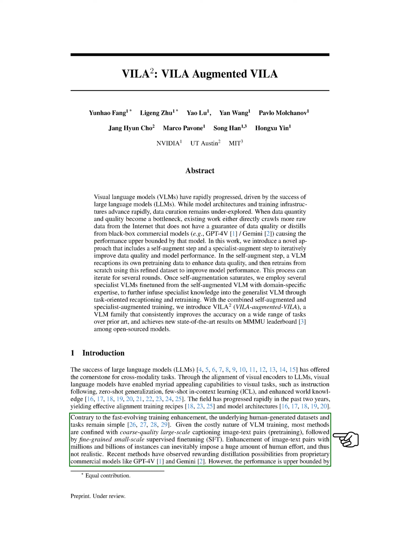This is followed by a more detailed fine-tuning process with smaller, high-quality datasets. Creating millions or billions of high-quality image-text pairs requires a significant amount of human effort, which is often impractical. Recent methods have explored the potential of using advanced commercial models like GPT-4v and Gemini for distillation, but their performance is limited by these models.